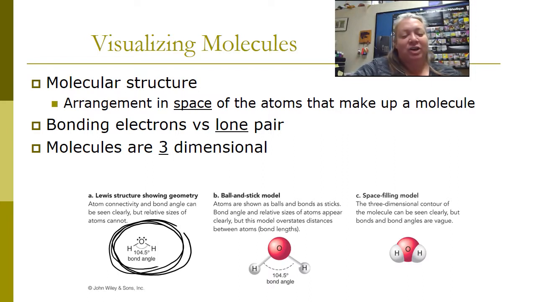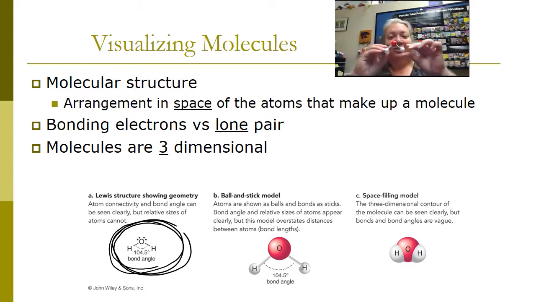So with the Lewis structure, the dashes indicate the bonds, the dots indicate our lone electrons. But the bad thing about your Lewis structures is it appears flat. It appears two-dimensional. You draw it on a piece of paper. But in real life, it's three-dimensional.